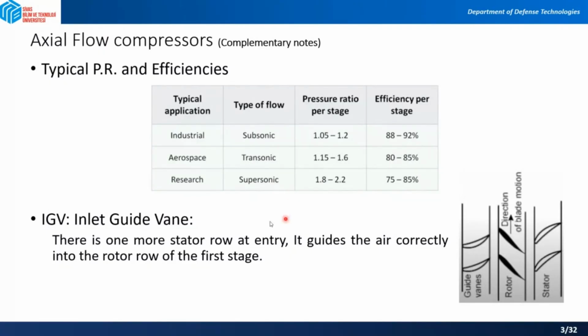Now let's have a look at the IGVs or inlet guide vanes. As we said, these inlet guide vanes are one stator row at the entry of the compressor, and they guide the air correctly into the rotor of the first stage. So we usually put the guide vanes to come up with the design flow angle at the rotor entry.